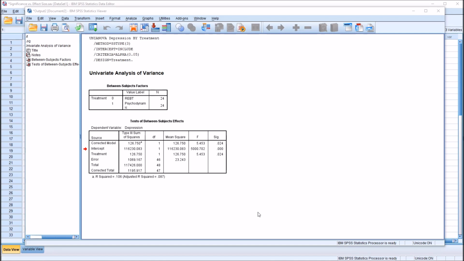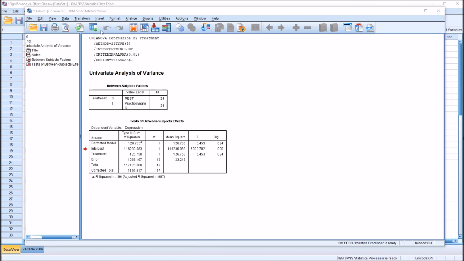We know there's a difference between the two groups, but we don't know how important it is. Simply rejecting the null hypothesis isn't enough to tell us that the difference is important. It just tells us that there is a low probability that the difference we observed occurred through random error.